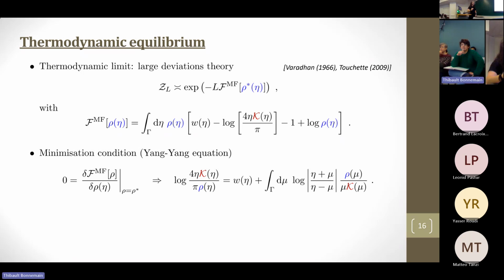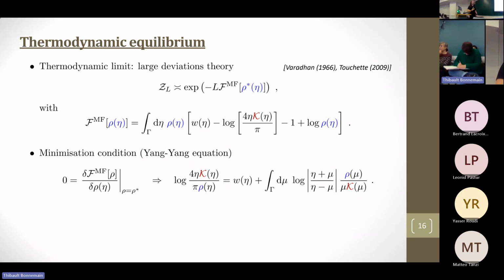Then, utilization of this free energy function will give you this relation between K, rho, and the Gibbs weight. So this is somewhat analogous to the equation Bonnemain derived for the thermodynamic determinants. I'll tell you a little bit about this later.